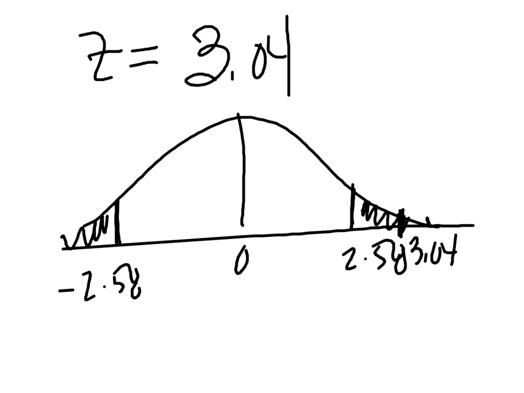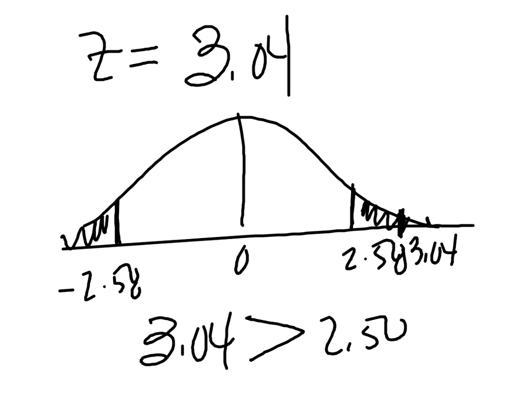Well, that's much further, well, much is a relative word, but it's certainly further or deeper into the tail, in terms of area, than 2.58 is. Said differently, our z-value of 3.04 is greater than 2.58.